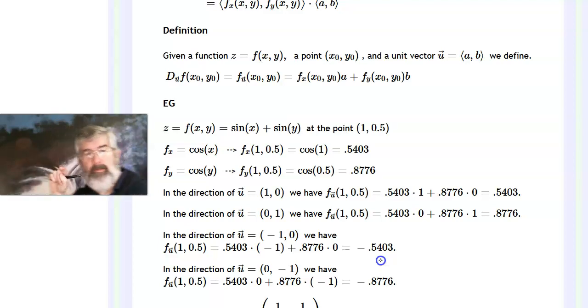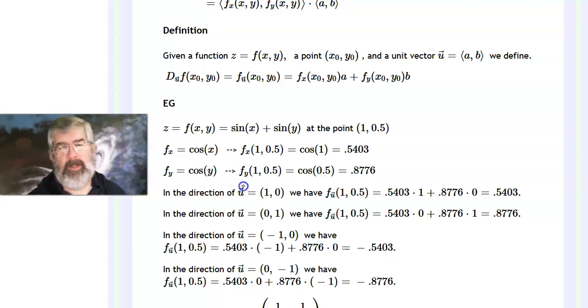In the direction of the minus x-axis, the slope is minus 0.5403. Does that make sense to you, that if it's going uphill on this side, it should be going downhill on that side? In fact, this will be the case every time: if you know the directional derivative this way, then you just multiply by -1 to get the directional derivative that way. So likewise here, in the direction of 0, -1, we get minus the partial with respect to y.